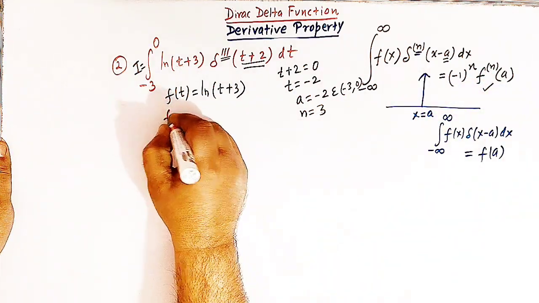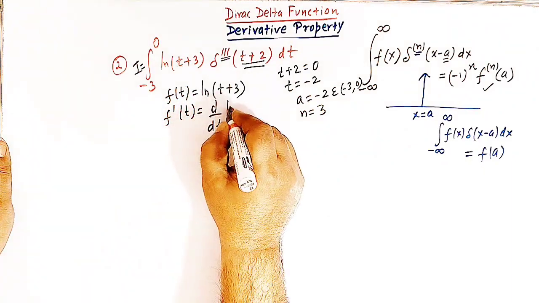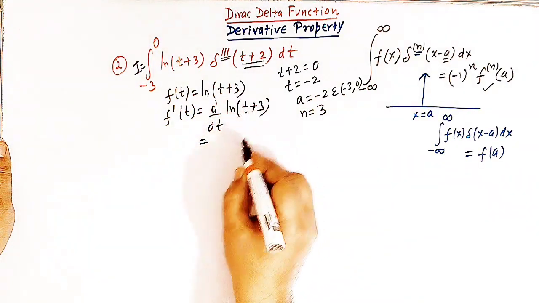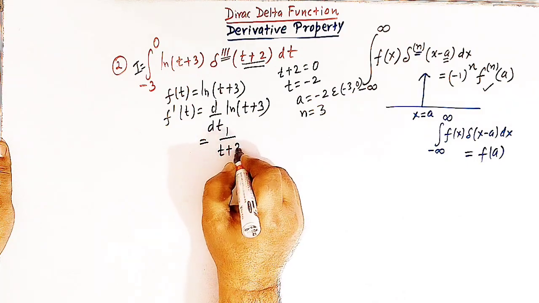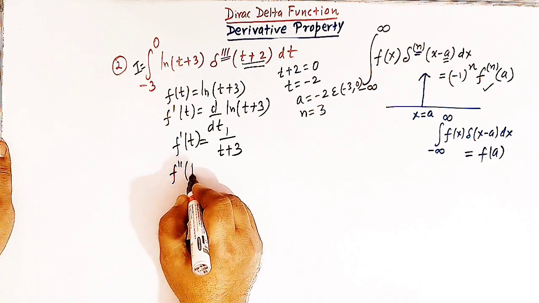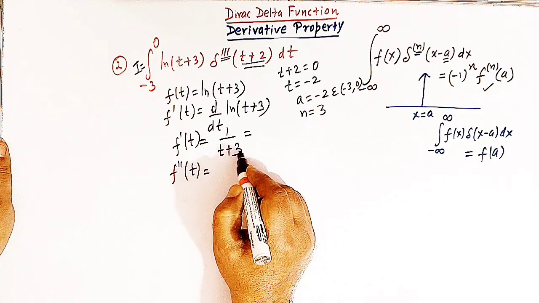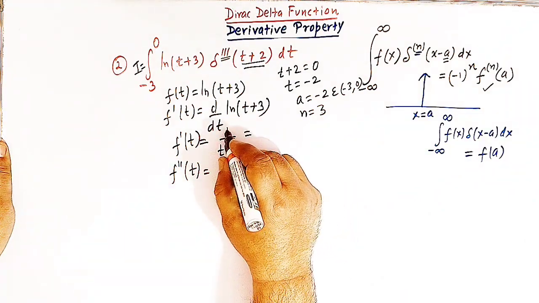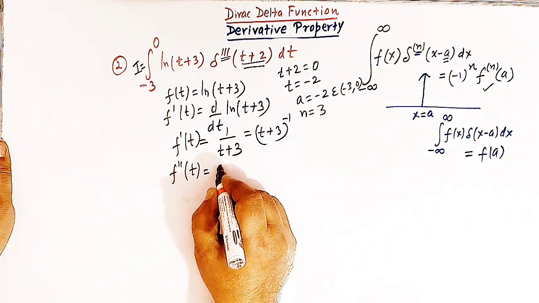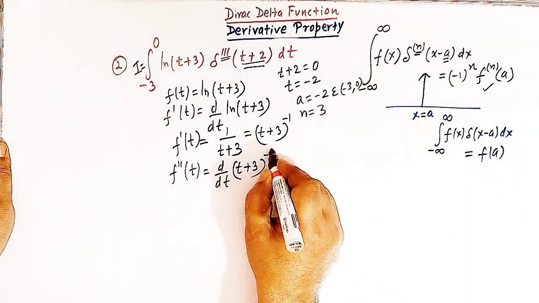So the first derivative is given by f prime of t, which is d by dt of log of t plus 3, right? And the derivative of log of t plus 3 is 1 over t plus 3. So this is the first derivative, right? The second derivative is obtained by differentiating 1 over t plus 3 with respect to t. So we can write 1 over t plus 3 as (t plus 3) raised to minus 1. So we have d by dt of (t plus 3) raised to minus 1.